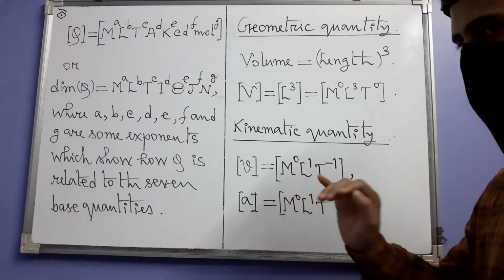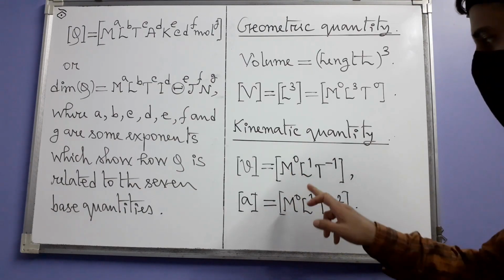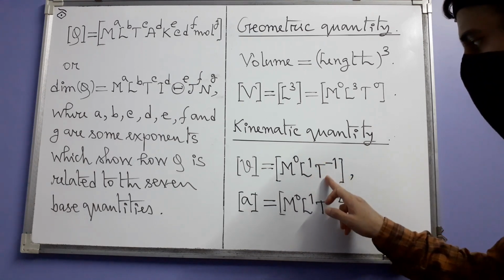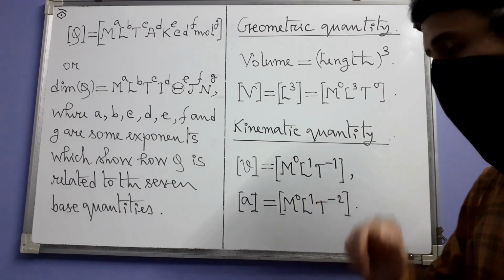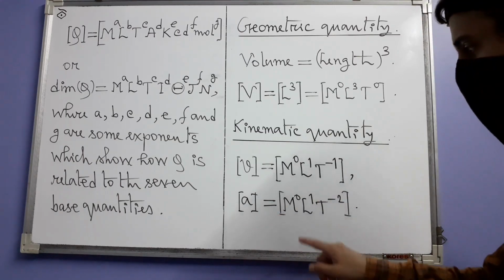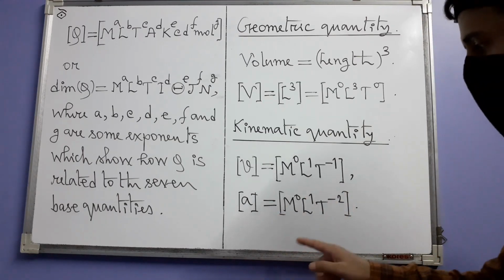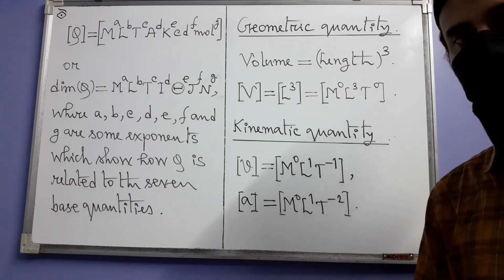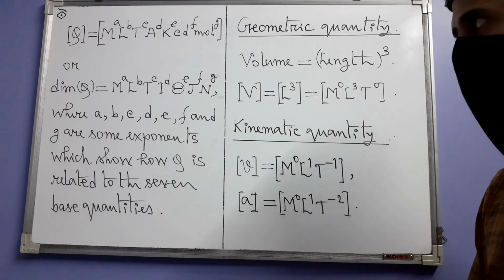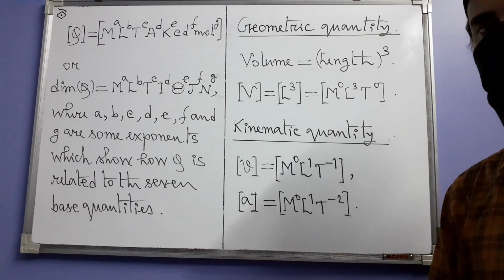So where mass actually does not contribute anything, but length contributes 1, time contributes -1. And another one is acceleration. Here mass again contributes nothing, length contributes 1, time contributes -2. And then we have another type of physical quantities.